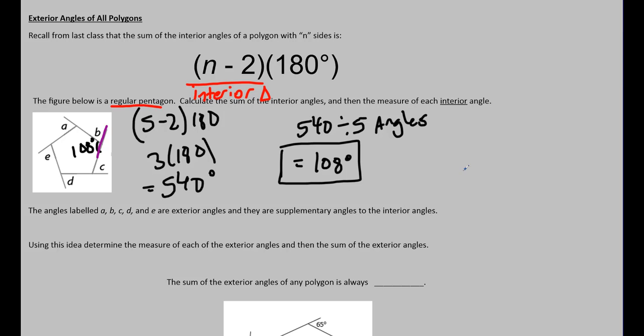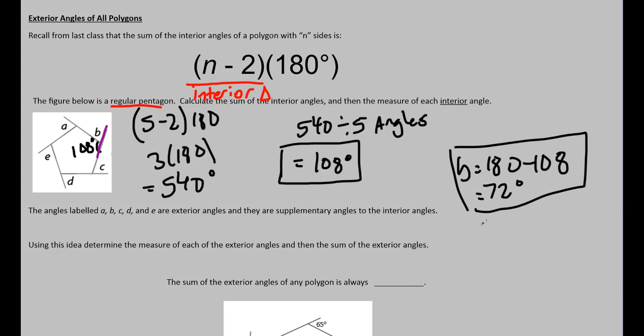So B, for example, is equal to 180 minus 108, and that is equal to 72 degrees. And because all of the angles are the same, every single exterior angle is 72 degrees.